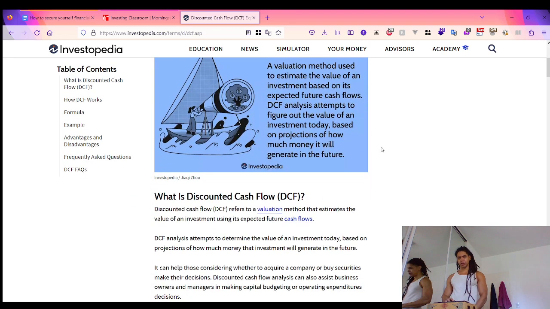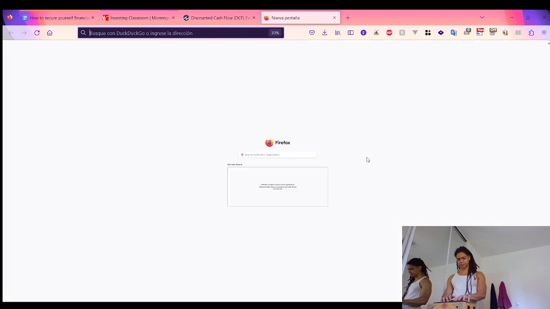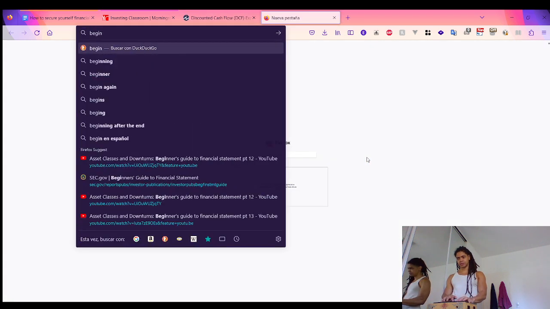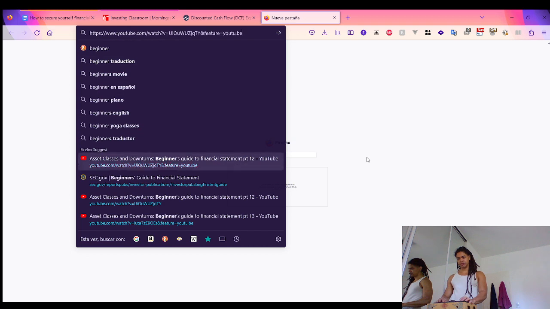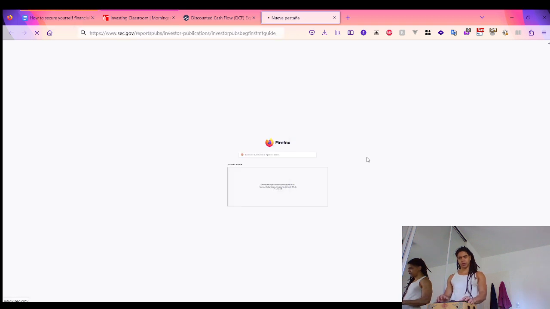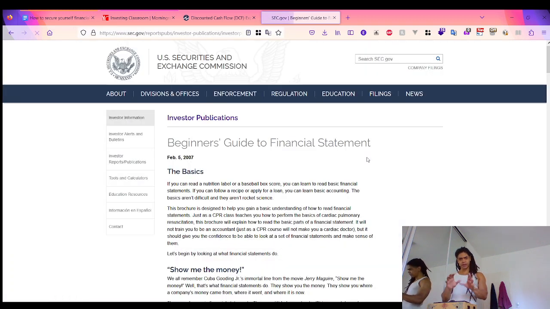Looking at the source, the beginner's guide to financial statements, to have a clear idea on how to make sense of it.